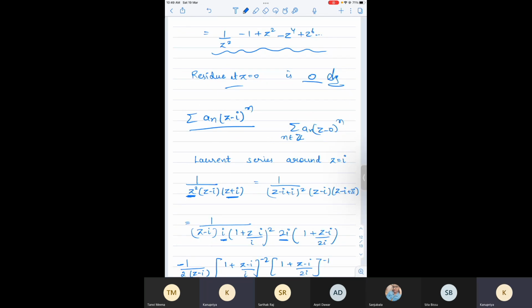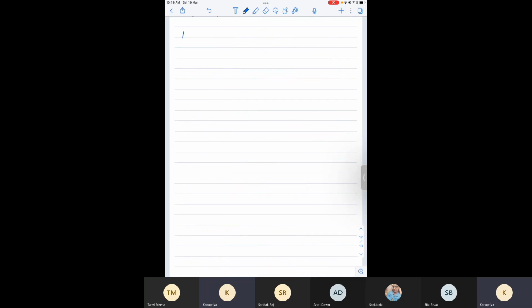Next time, please tell me what is the residue of this function around z equal to iota and minus iota both. And question number 5, try to complete it. Try to write the singularities for all the parts. Any difficulties you can tell me, you can ask in the next tute.